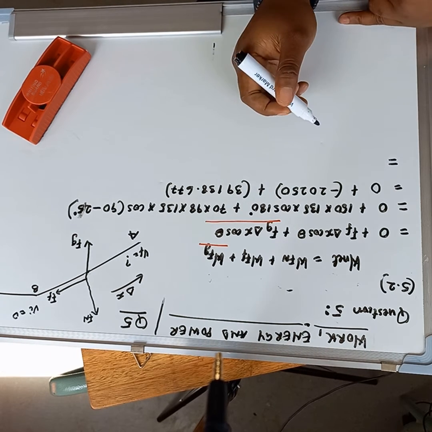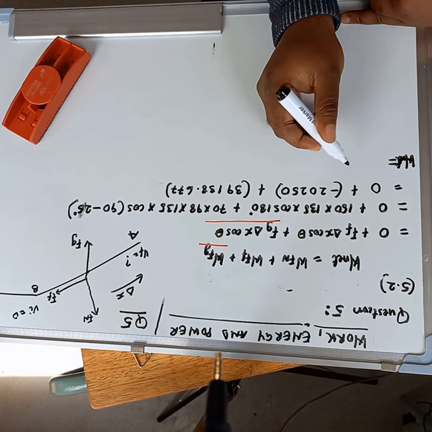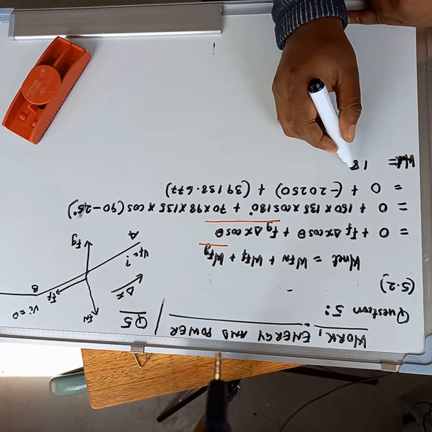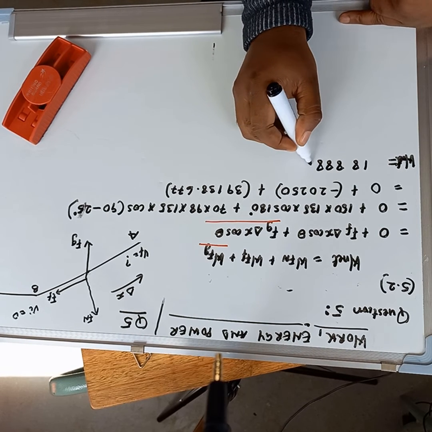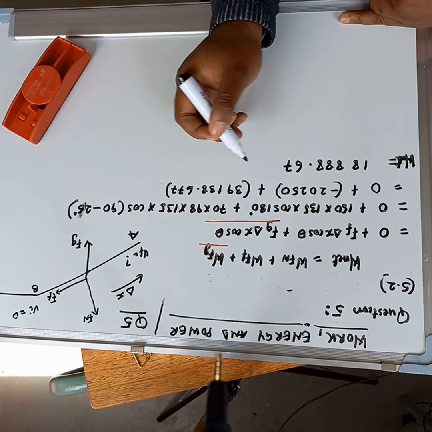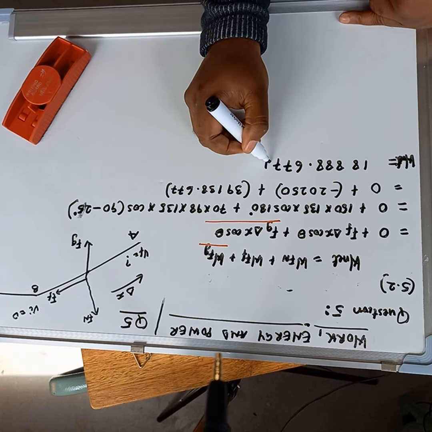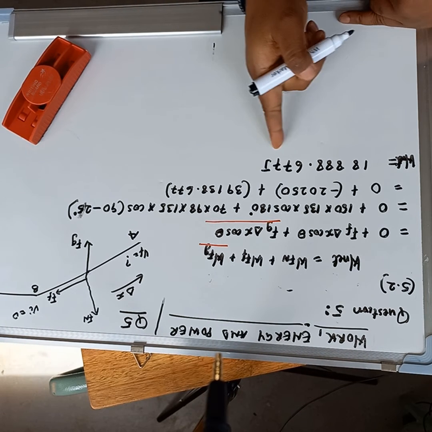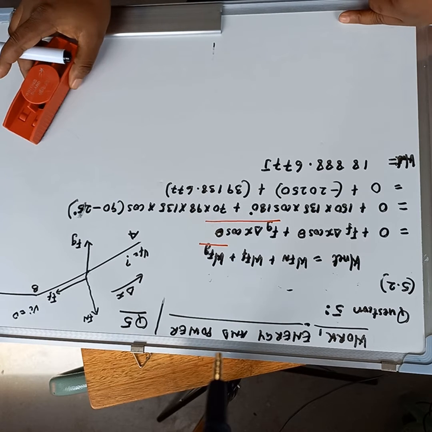If we add everything up, we get the net work done to be 18,888.677. And remember, joules, remember to put the unit. Remember, we have to leave our answer to a minimum of 2 decimal places.